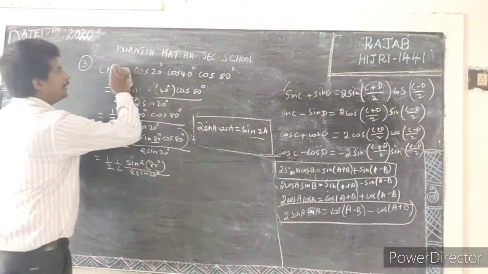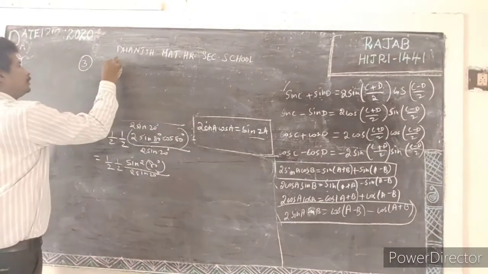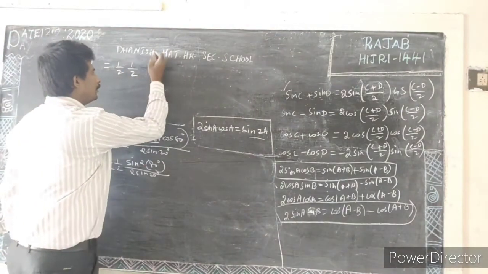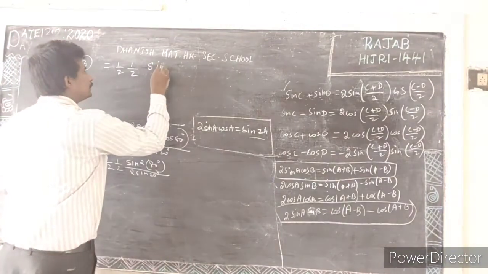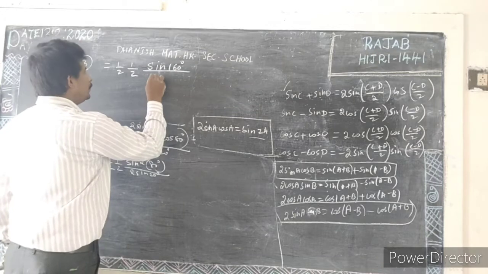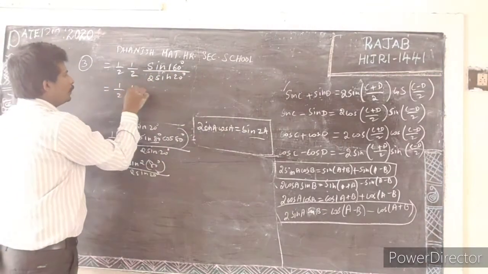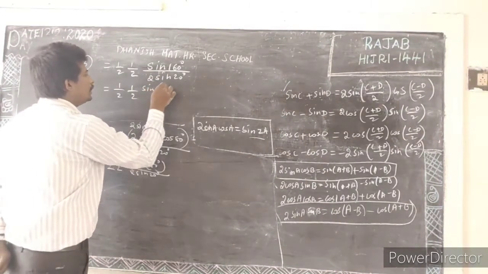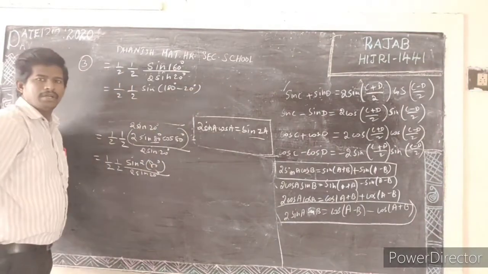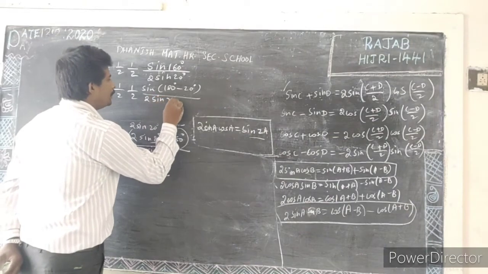Now the next step would be, this is equal to 1 by 2 sin, here we are having sin 2 into 80, 160 degree by 2 sin 20 degree. So this is 1 by 2 sin 160 degree can be written as 180 minus 20 degree, 180 minus 20 degree divided by 2 sin 20 degree.